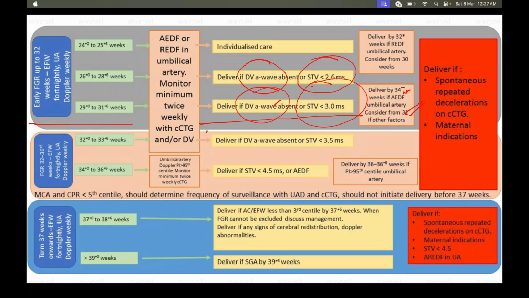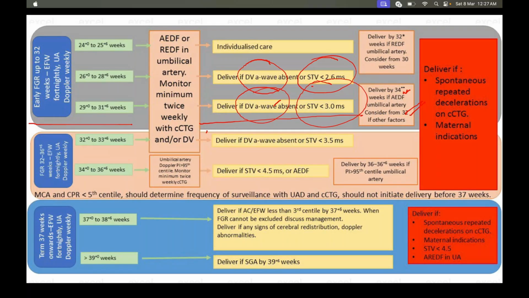Okay, so that is what it means when they say consider from 32 weeks and deliver by 34: don't really wait for 34, but you cannot go beyond 34. That is risky. Baby can die. Okay, so absence of flow before 32 weeks, it is very easy.